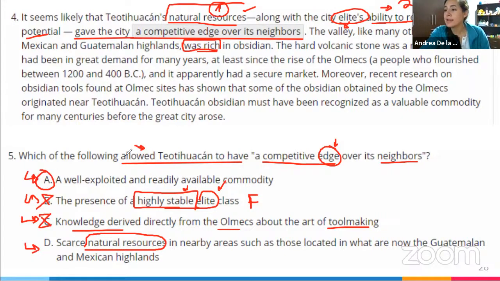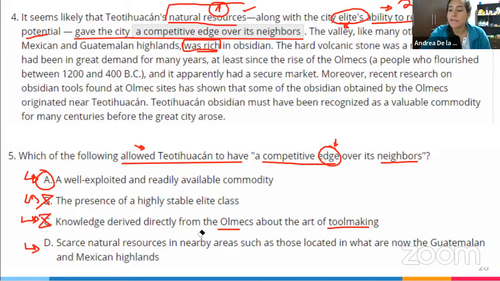But also, if we analyze option A, it says a well-exploited and readily available commodity. Does anyone know what commodity means? It's like the resource to produce another thing, another product.